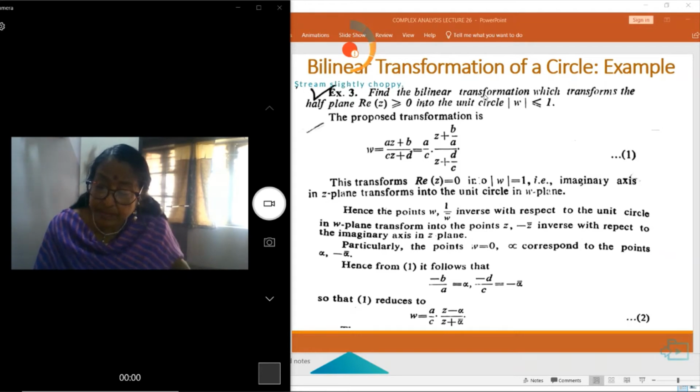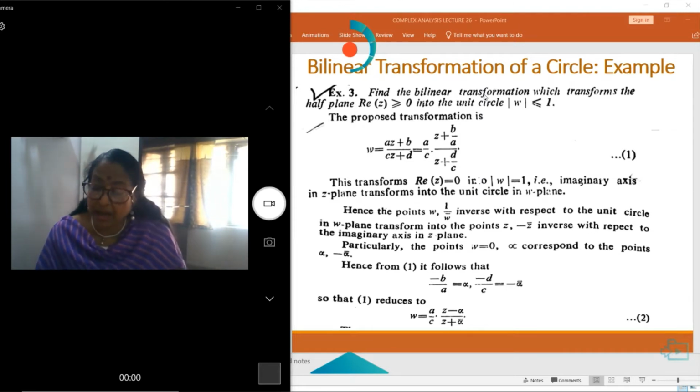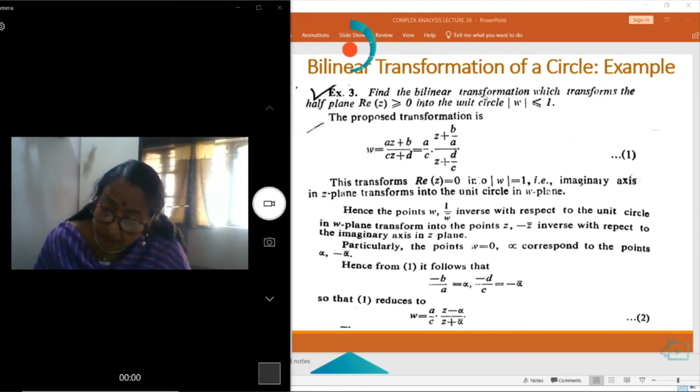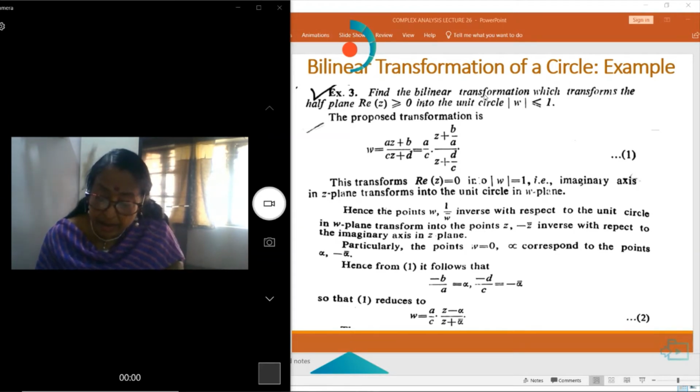When w is equal to 0, the corresponding points are alpha and minus alpha bar. Then minus b by a is taken as alpha and minus d by c is taken as minus alpha bar.